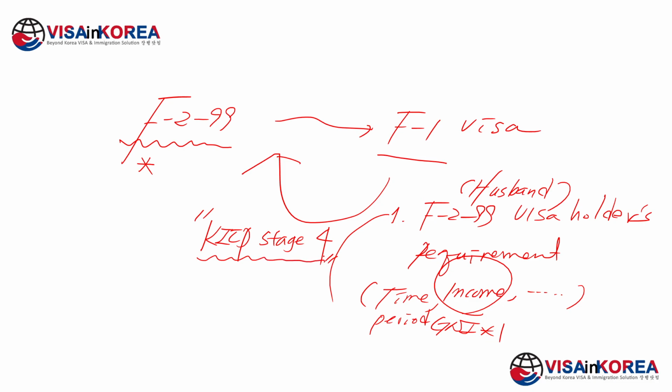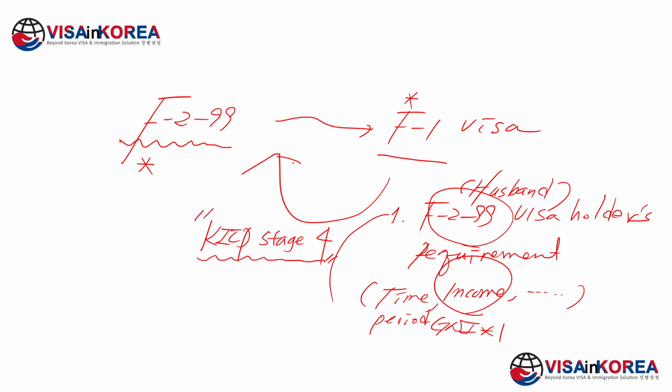So if you have an F-1 visa, you can use your husband's current requirements except for Korean language proficiency. Right after you obtain KIIP stage 4 completion, you can apply for F-2-99.